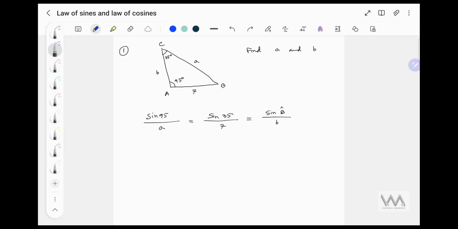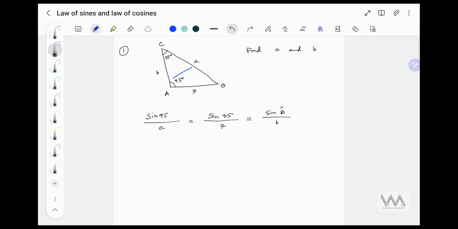Using the law of sines, we have sine of 95, which is this angle, over the opposite side, equal to sine of 35 over the opposite side, and sine of B over the opposite side.